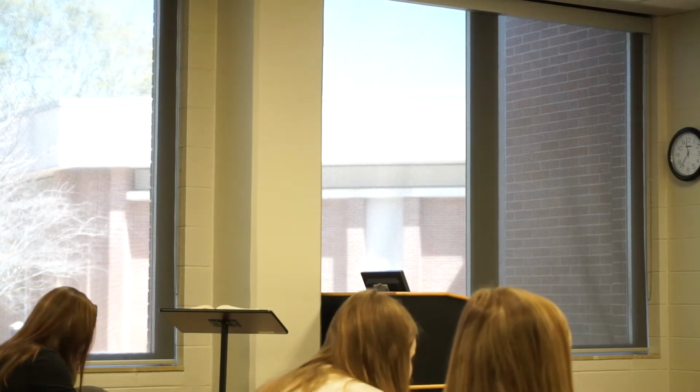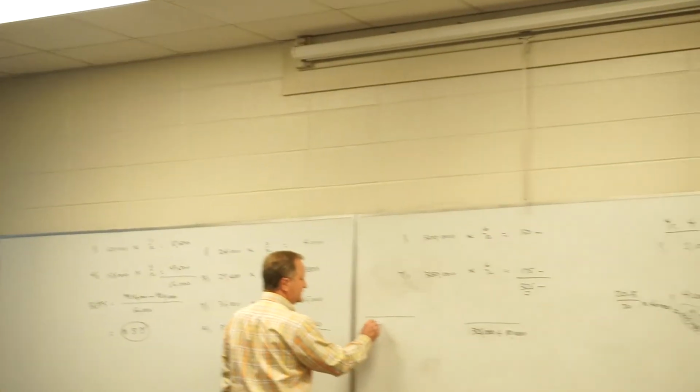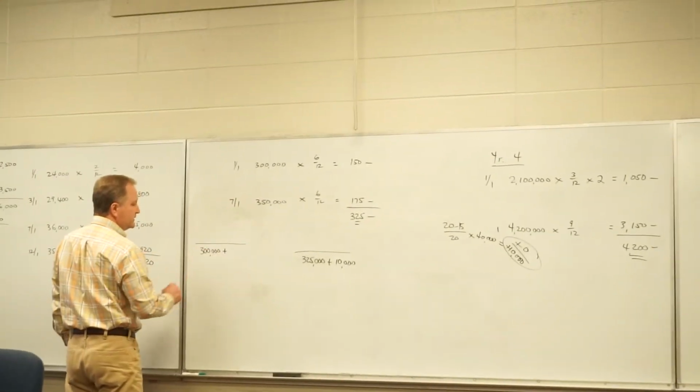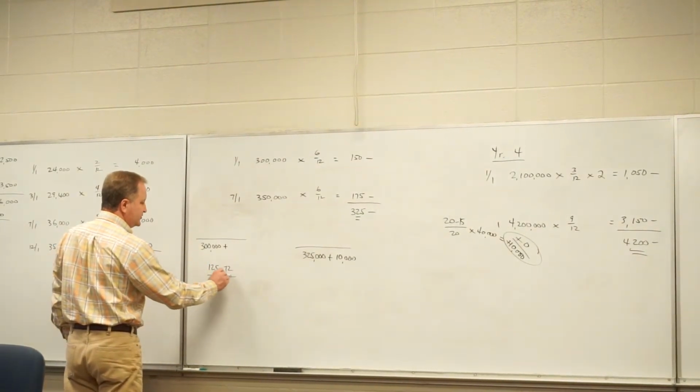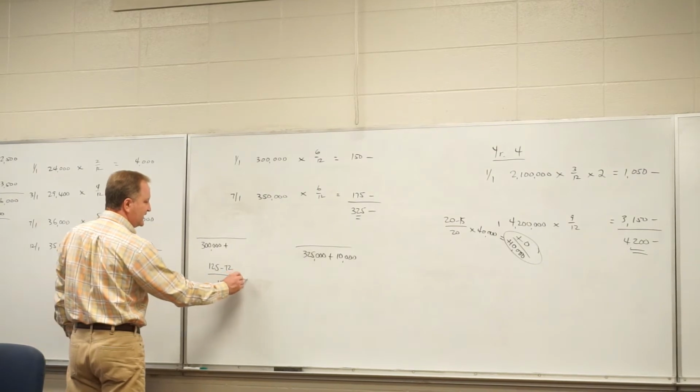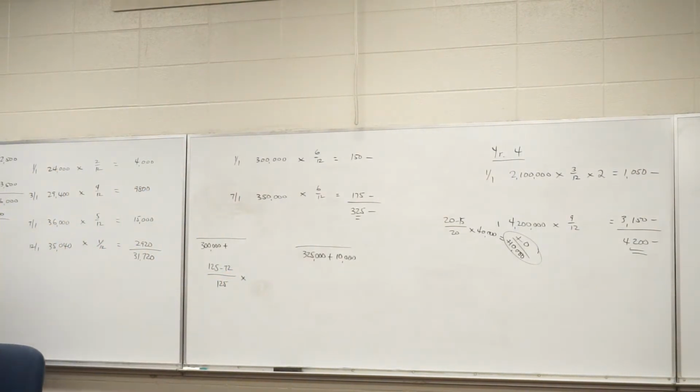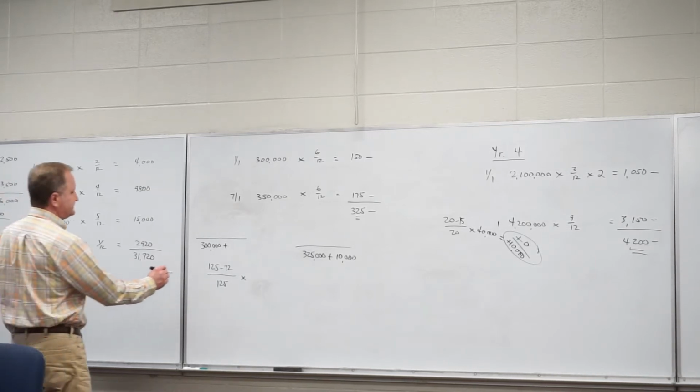Well, first you start with the 300,000, and then it was 125 minus 72 divided by 125 times, we have to figure out how many options there are. 10 warrants per share of preferred, with 10,000 shares of preferred, would be 100,000.